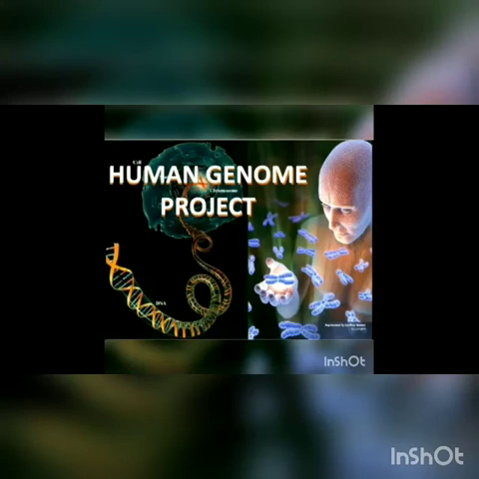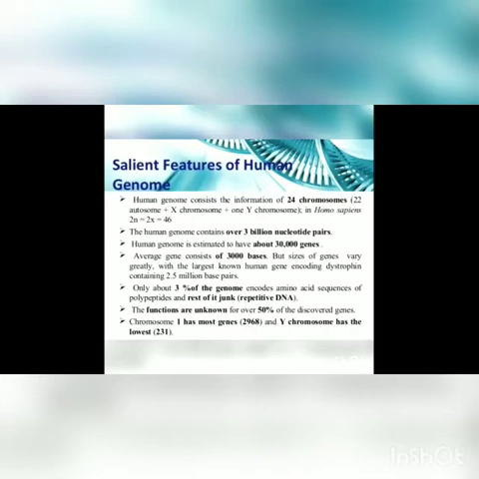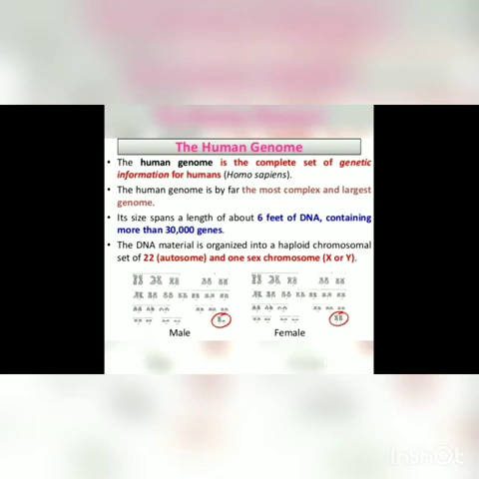Next, we move on to the salient features of the Human Genome Project. Although the Human Genome Project contains 3 billion nucleotide bases, the DNA sequences that encode protein make up only 5% of the genome.